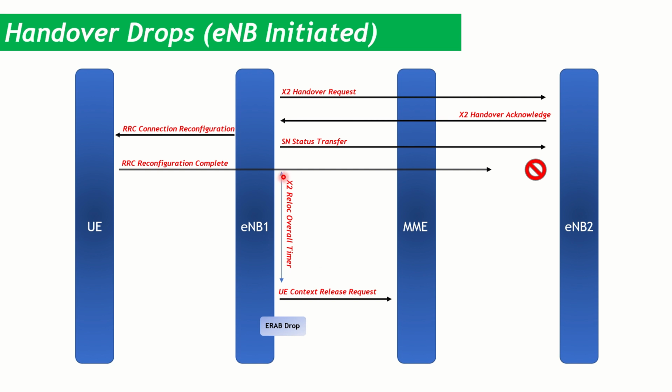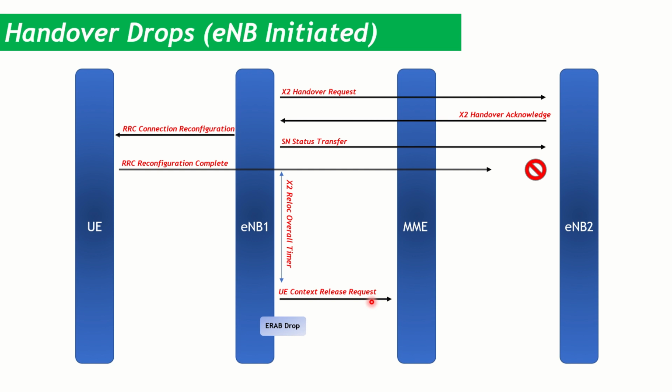So the eNode B1 will keep waiting for the X2 relocation overall timer, and once this timer expires, the eNode B1 will send a UE context release request to MME, which will be an ERAB drop because the handover was not successful. So eNode B1 will assume that the UE had a radio link failure, and once the timer expires, the eNode B will then send a context release, which will be an abnormal release, and we will call it a drop. So this is a scenario where we have a handover drop, and again, because the eNode B sent the context release, it is an eNode B initiated handover drop.